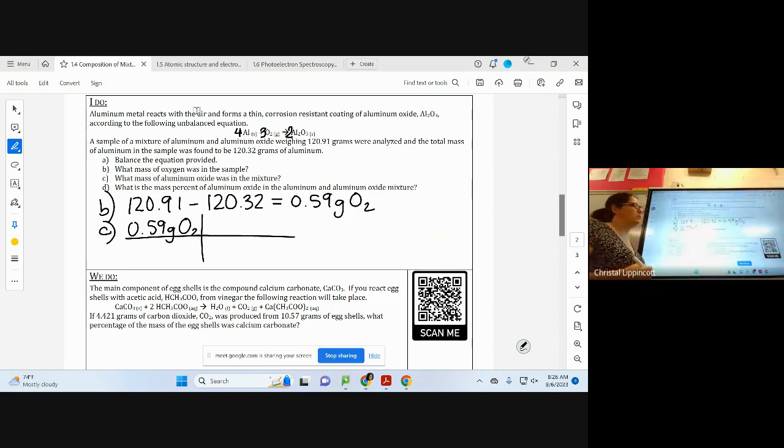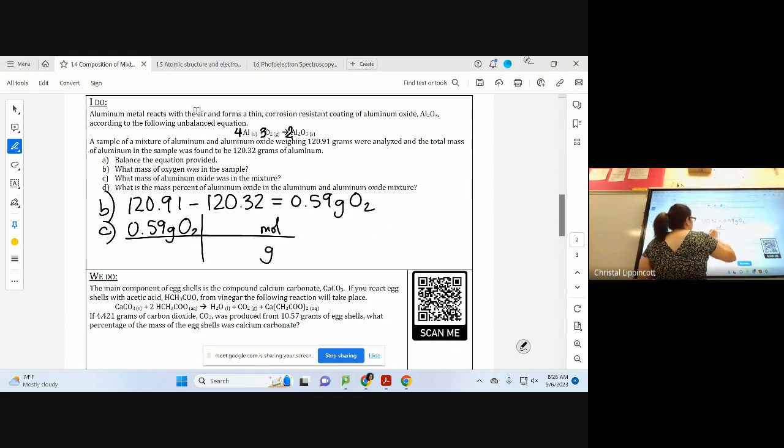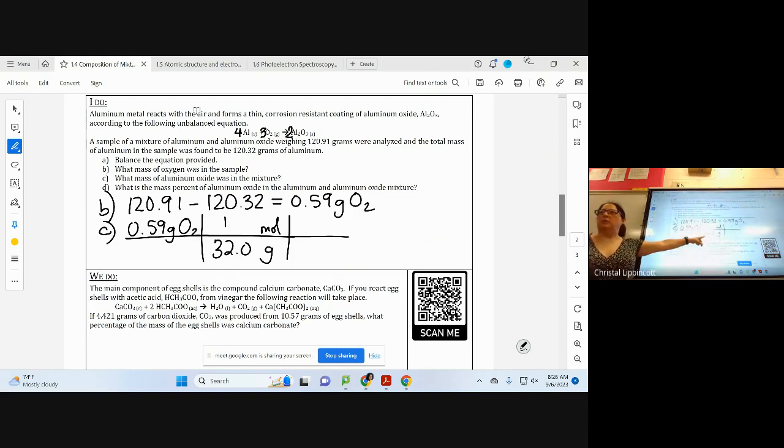I'm going to convert that into moles. Did I lose anybody with this value? Got it from the periodic table. It's 2 oxygens, 16 plus 16.